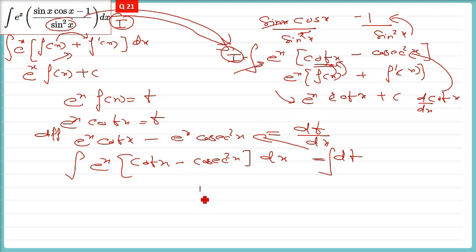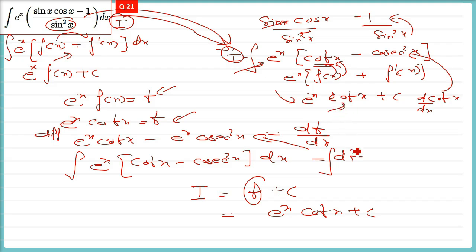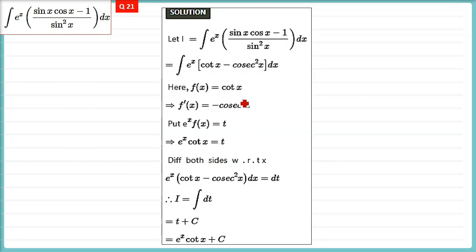And on the right it will be the integration of dt plus c, which will give you t plus c. What was t? We assumed t to be e^x f(x). So just write e^x and in place of f(x) it is cot x plus c. Now this method or that method, they both are true.